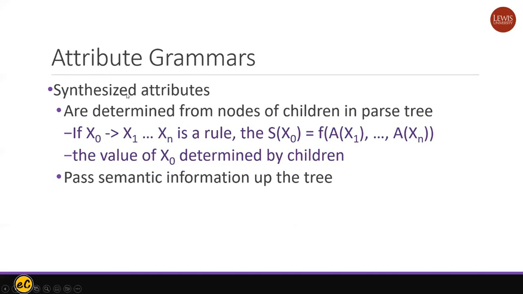So now synthesized attributes. So you have x0 that can be produced by x1 to xn. The synthesized value of this left hand side is a function of the right hand side attribute values. This is called synthesized value.